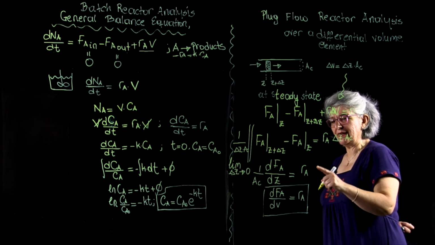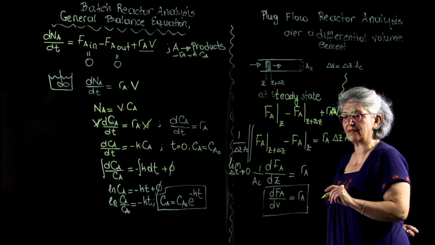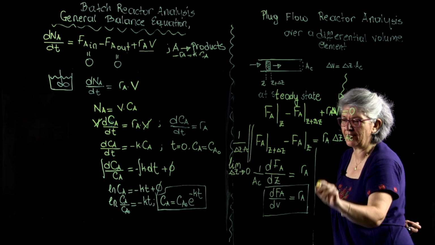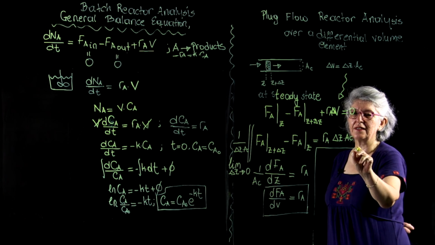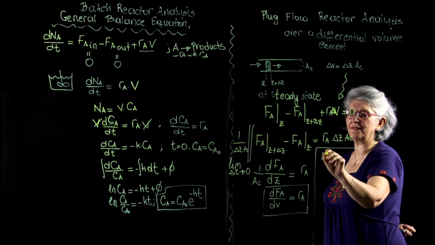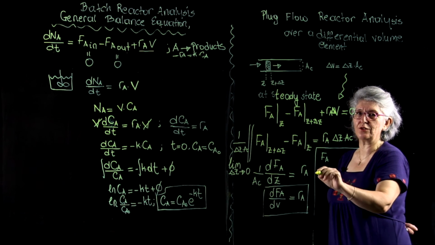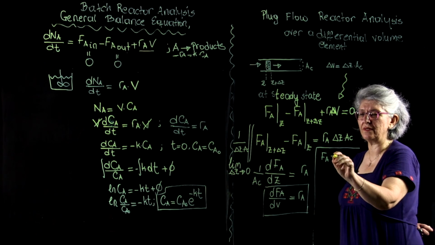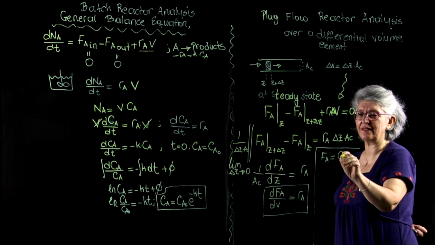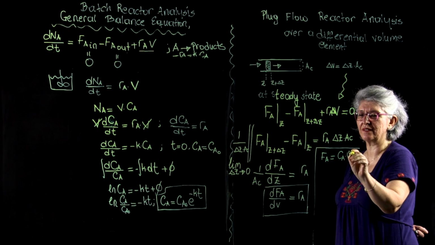I will carry the analysis one step further. Here, let me generate myself a new clean frame. I will redefine FA in terms of its constituents. Remember, FA was CA times volumetric flow rate.